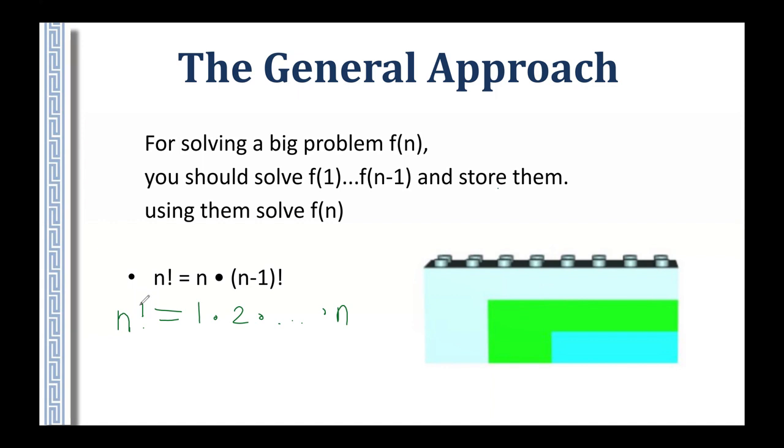But in fact, this way to compute it has time complexity O(n). But another way of computing n factorial is this one: n factorial is n times (n minus 1) factorial. If (n minus 1) factorial is already computed and stored somewhere, then we can just multiply it by number n and get the result.